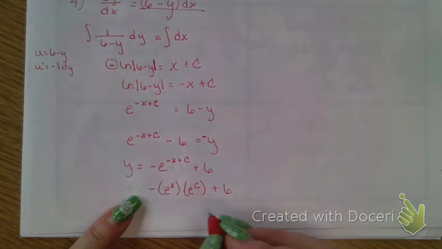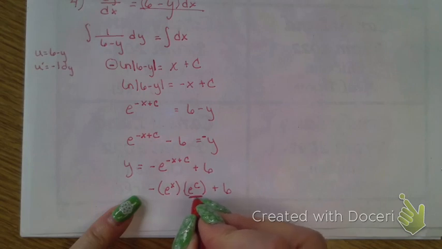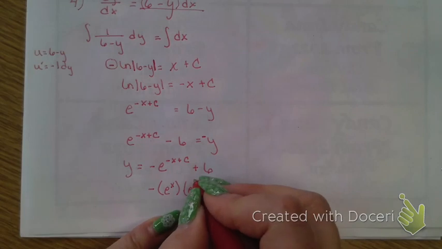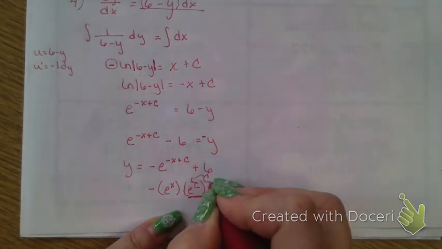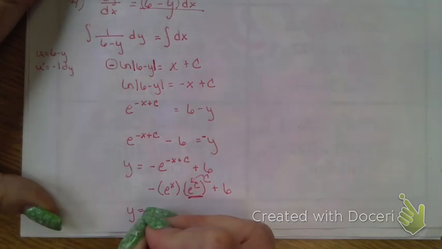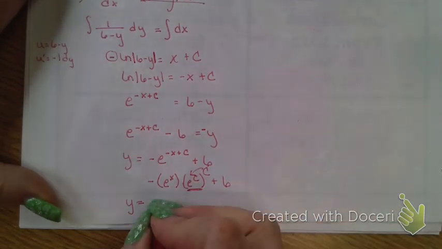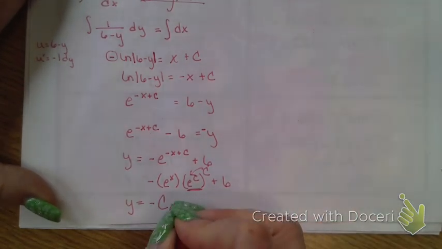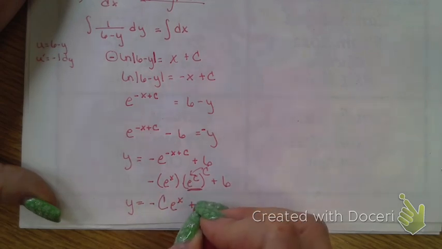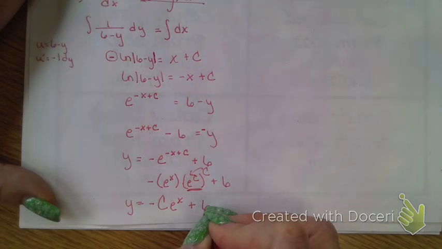Well, e to the c is a what? Constant. So this right here is C. It's C times e to the x. So we have y equals negative C e to the x plus 6.